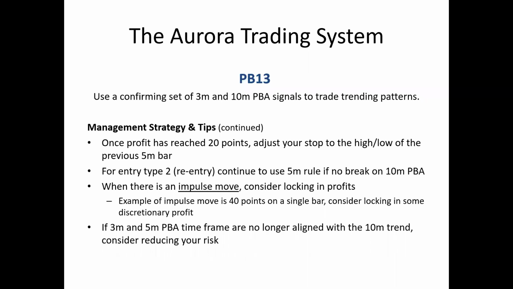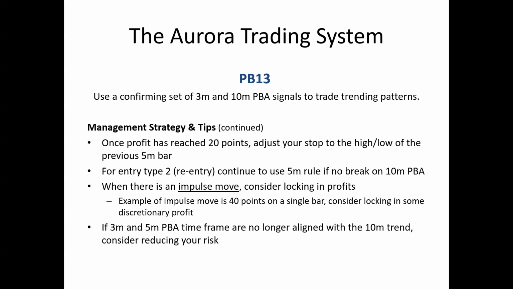If the 3-minute and 5-minute PBA timeframes are no longer aligned with the 10-minute trend, you should consider reducing your risk. That's just a trader discretion tip. You could consider reducing your risk because if the 3-minute and the 5-minute are now no longer aligned, or they're starting to show hints of reversing, there's nothing wrong with reducing your risk.